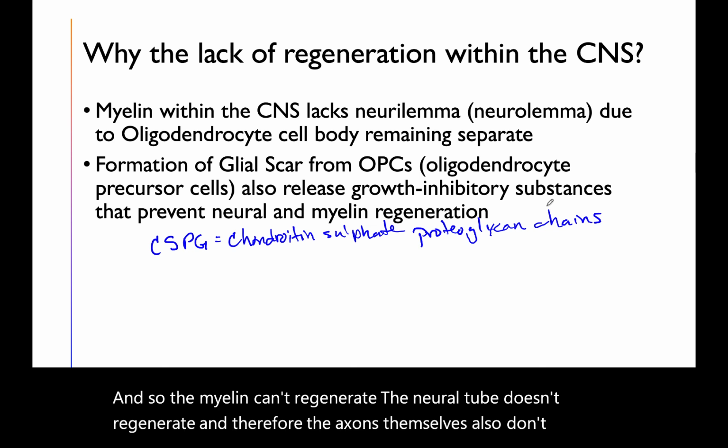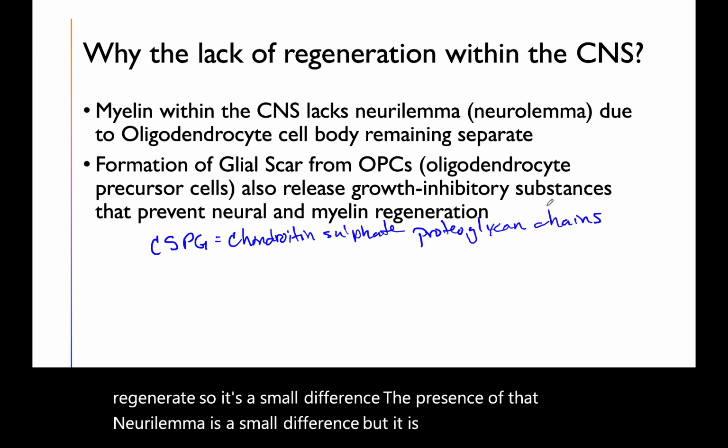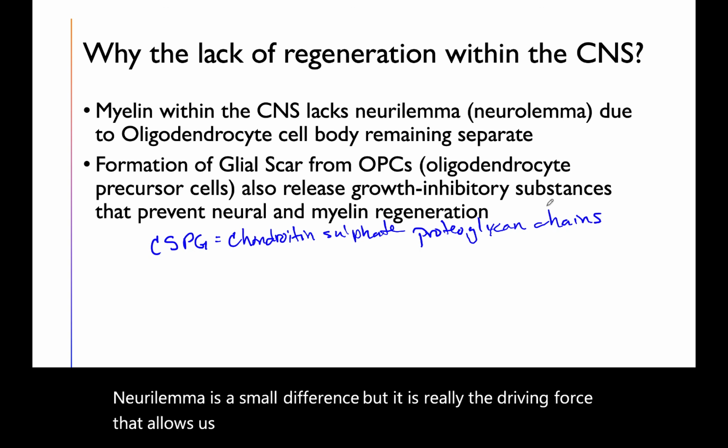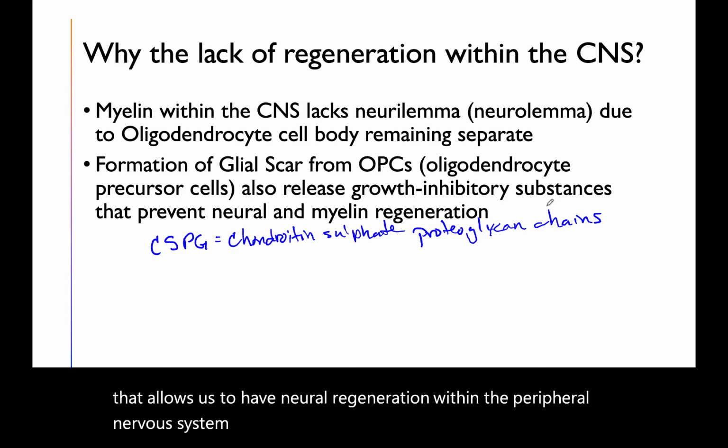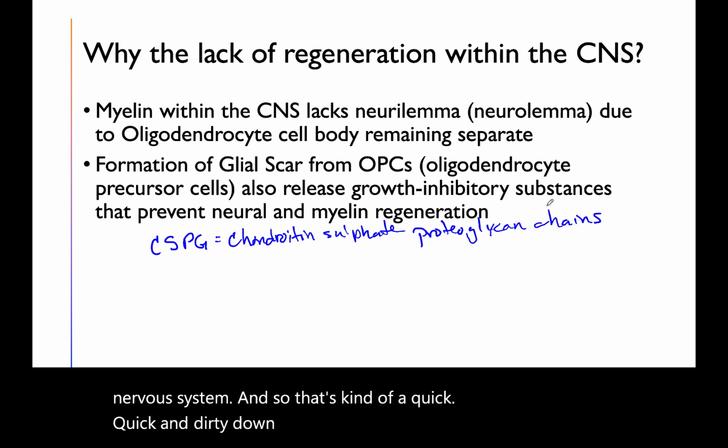So it's a small difference. The presence of that neurolemma is a small difference, but it is really the driving force that allows us to have neural regeneration within the peripheral nervous system and inhibits neural regeneration within the central nervous system. And so that's kind of a quick and dirty introduction to what myelin is.